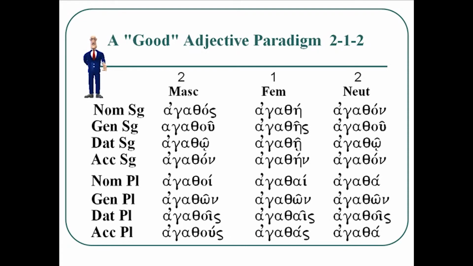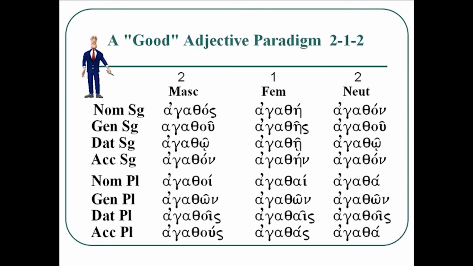When you look down the first column, you'll notice that the endings are exactly the same as what we've had on logos, the second declension masculine noun. So it's agathos, agathou, agathō, agathon, agathoi, agathōn, agathois, agathous. We already know those endings, no problem.